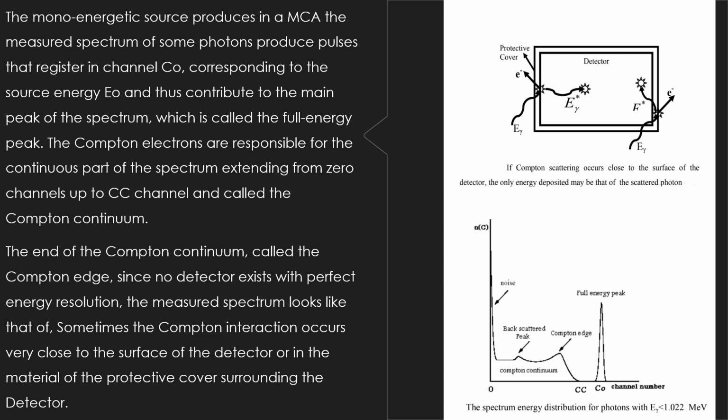So the measured spectrum looks like that, and sometimes the Compton interaction occurs very close to the surface of the detector or in the material of the protective cover surrounding the detector.